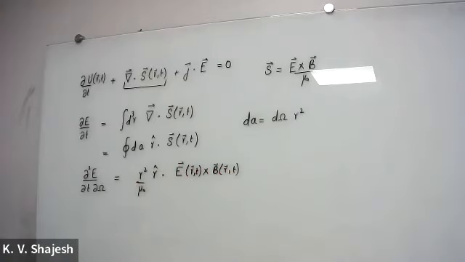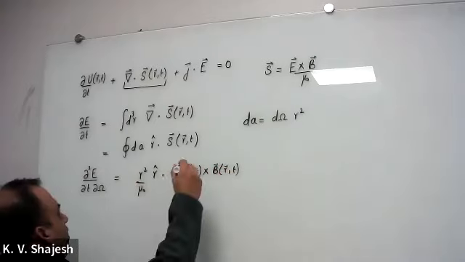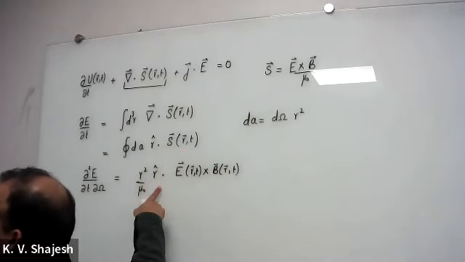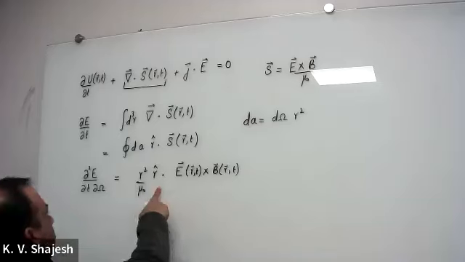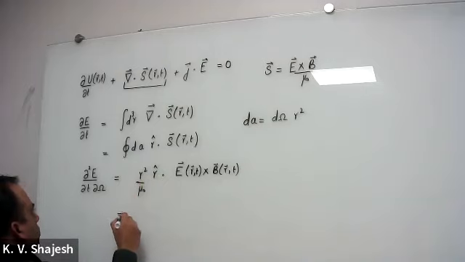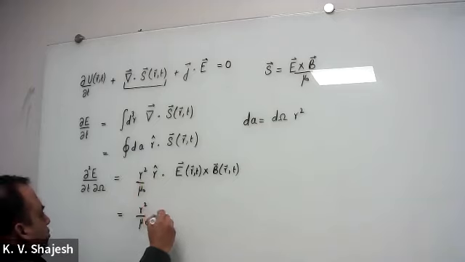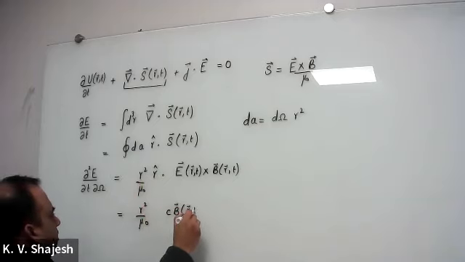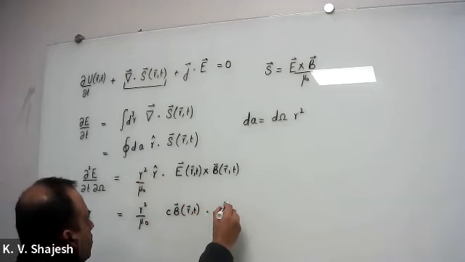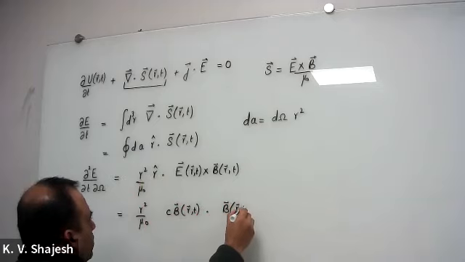Replace the cross: r cross E is nothing but the magnetic field. r cross E is c times B. So this is equal to r squared over mu naught times c times B of r comma t dotted with B of r comma t.